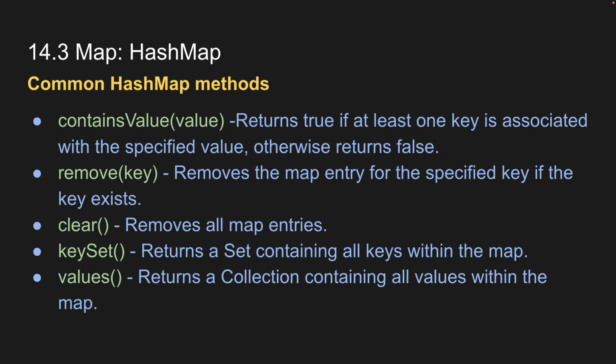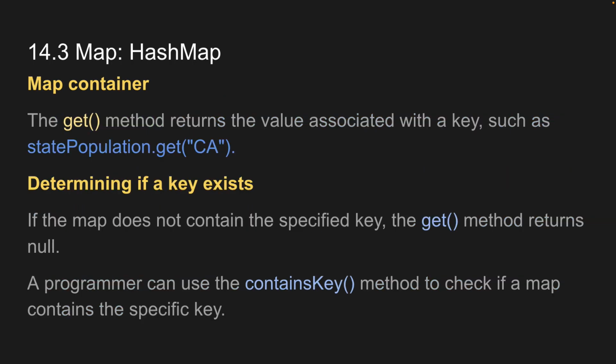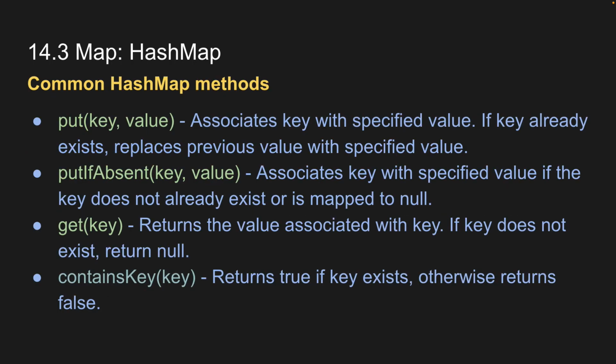All right, let's go back here a little bit and look at the HashMap methods that are available. So we can putIfAbsent. That's kind of a cool method, right? What that means is it's going to actually check if the key is there, and if it isn't, it's going to put that key and value. Otherwise, it would not. We have the get method.